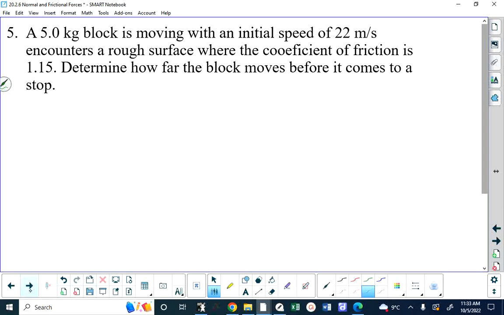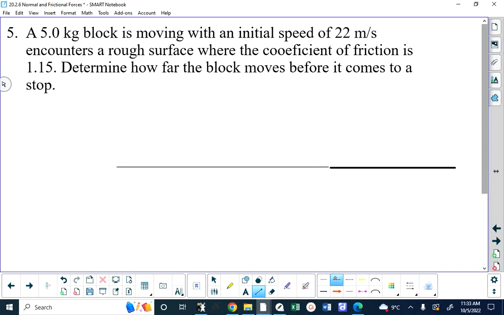Okay, so it's maybe moving along on ice, and then it hits something with a different surface. And the object starts here, and let's just say it's moving along at this point in time at 22 meters per second.